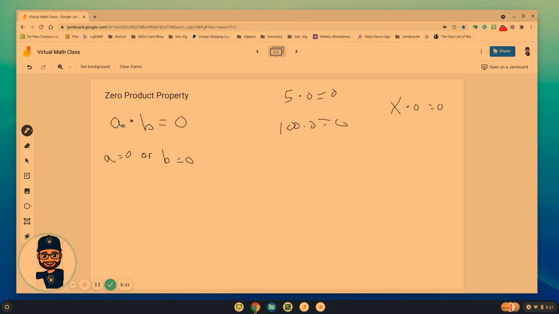And so factored form really follows this product property, where if I had x plus 5 times x plus 1 equal to 0, this is my A value in parentheses, this is my B value over here. A times B, as long as one of them is equal to 0, then the whole thing is 0. If this parenthesis equals 0, then the whole problem equals 0.